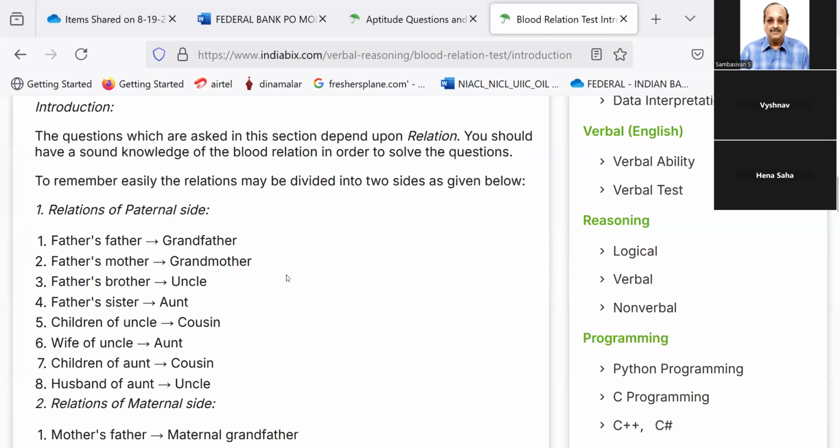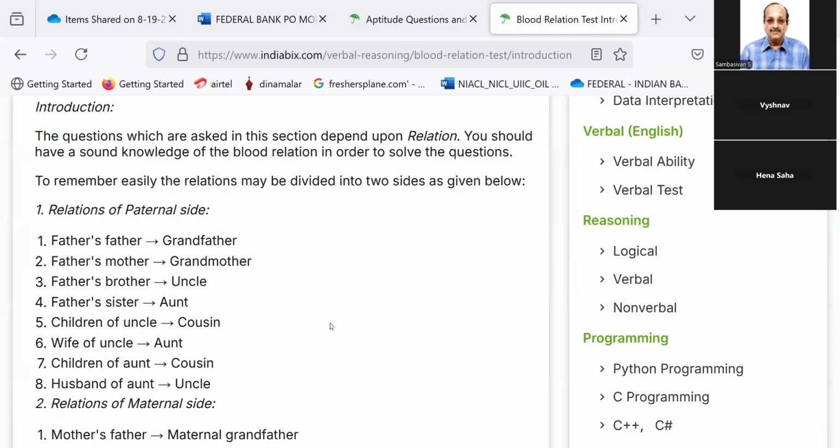Please read. Number 1. Father's father is grandfather. Father's mother is grandmother. Father's brother is uncle. Father's sister is aunt. Children of uncle, cousin. Wife of uncle, aunt. Children of aunt, cousin.